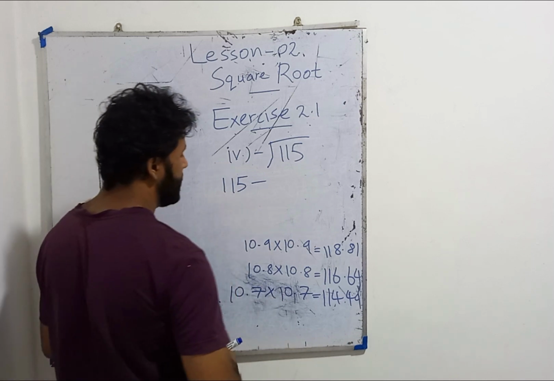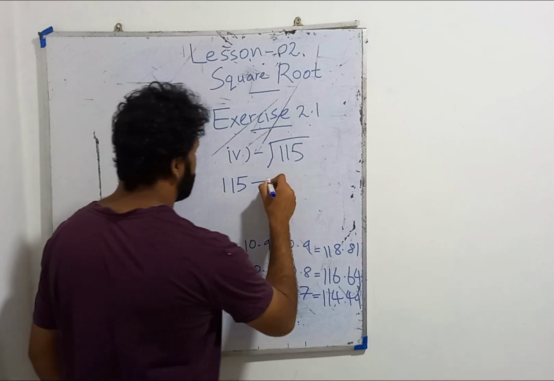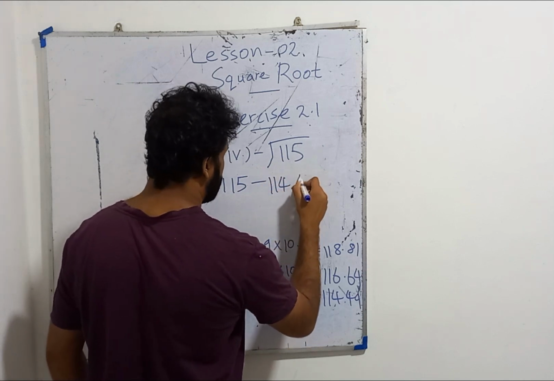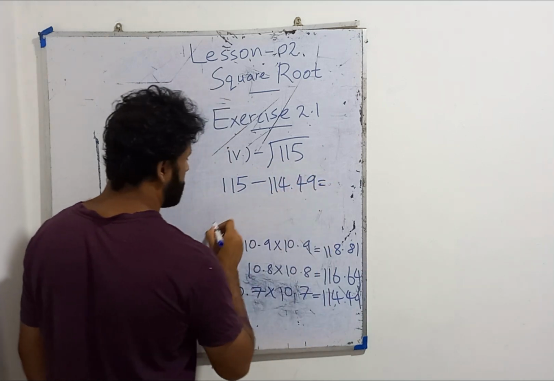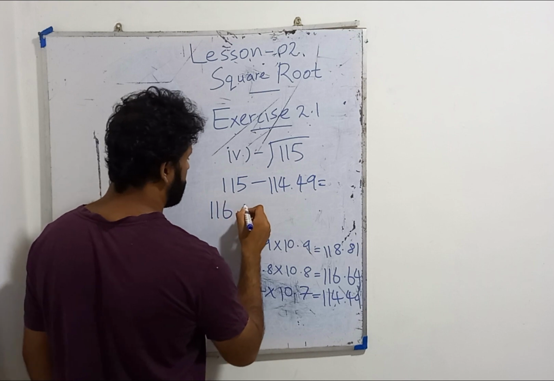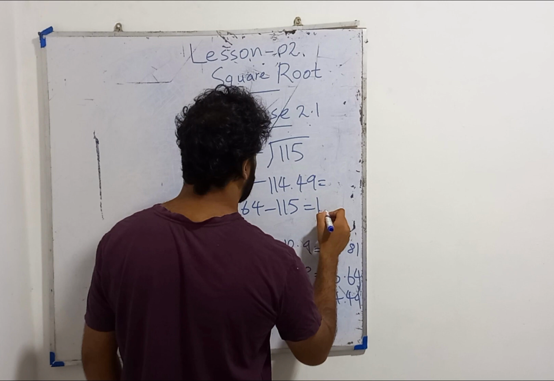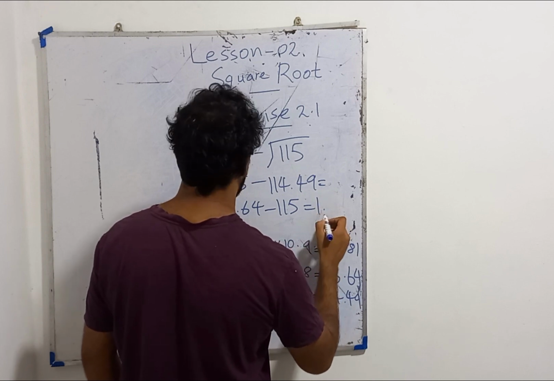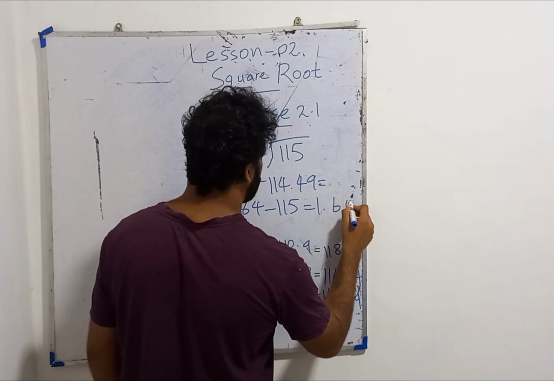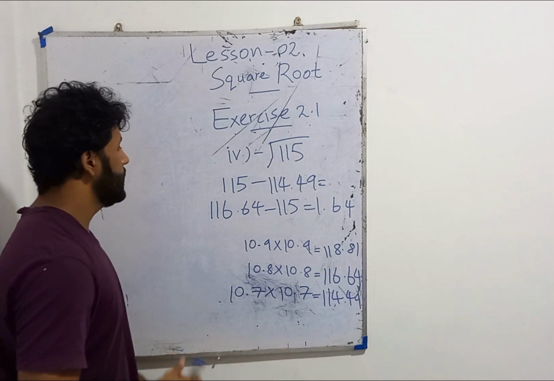I'm very sorry. 116.64 minus 115, that's going to be 1.64.